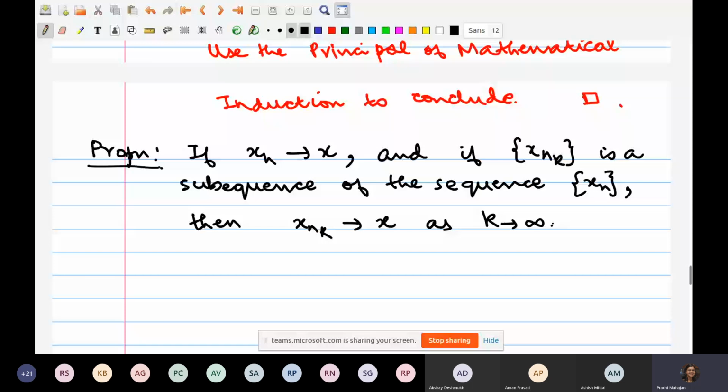Every subsequence of a convergent sequence converges to the same limit.